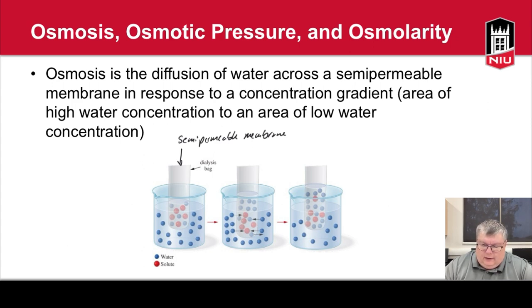If we place a solution with some solute and some water in there into a pure water environment, water is going to flow from an area of high concentration of water to an area of low concentration of water. So there's a higher concentration of water outside the bag than there is on the inside of the bag. And notice the water level, the liquid level in our bag starts to increase.